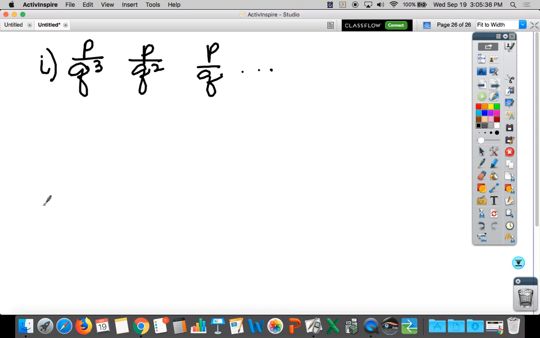Well, on the bottom, the powers are actually going down. So let's try your theory. Divide it by Q. I'll put it in red. If I divided this by Q, it'd be the same thing as multiplying by 1 over Q, right? If I multiplied by 1 over Q, what would I have here? P over Q to the 4th.